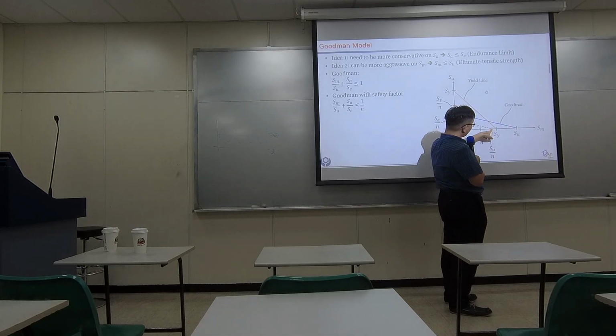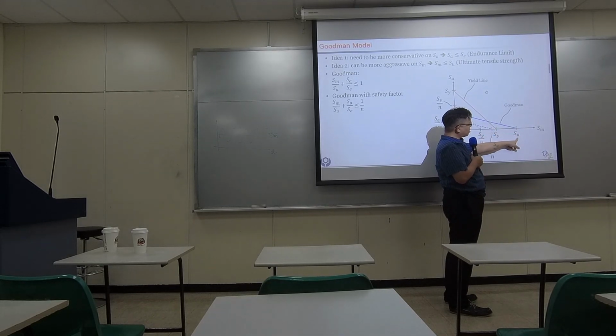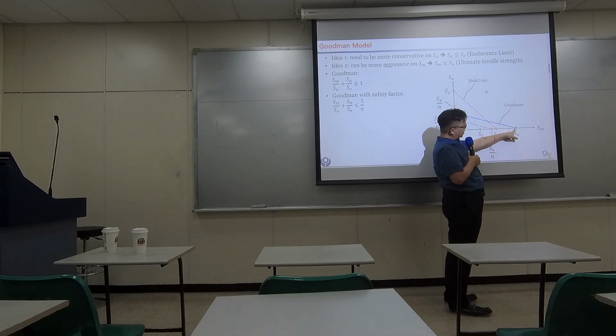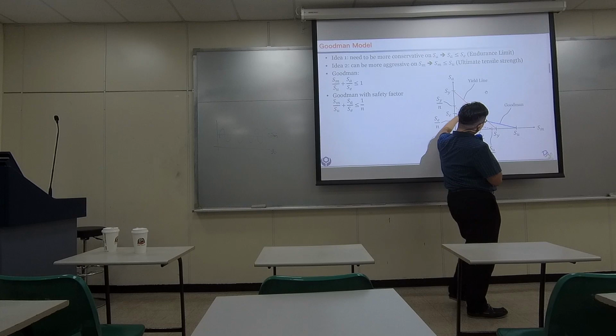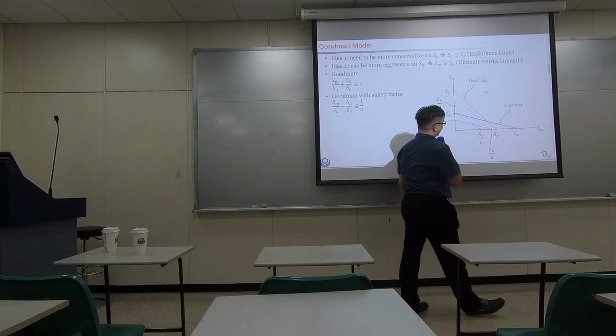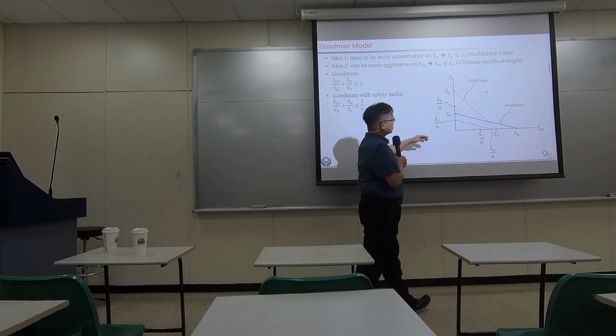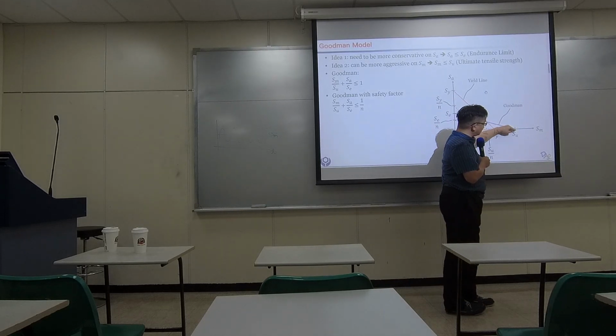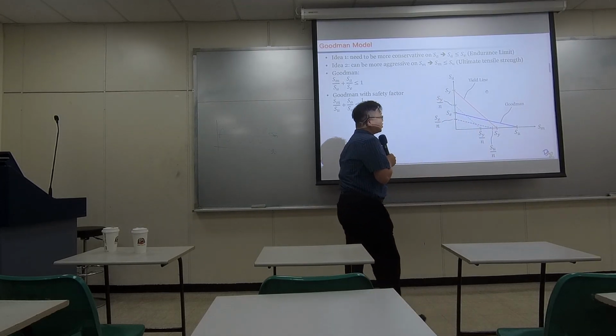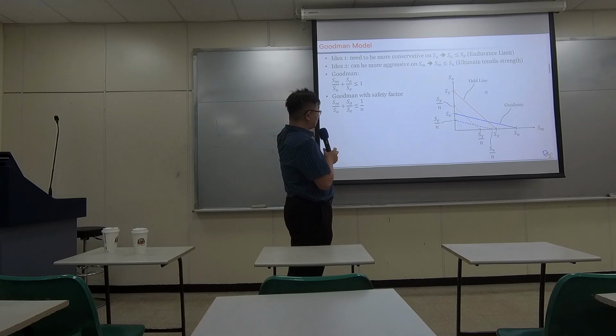Okay, so that's why he chose the ultimate tensile strength as the upper limit. So he defined a new boundary, design boundary for fatigue. Okay? And the blue line, once you have this boundary, it's easier to have a math function.